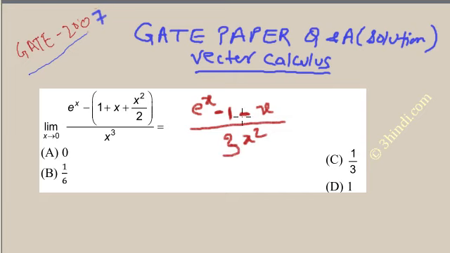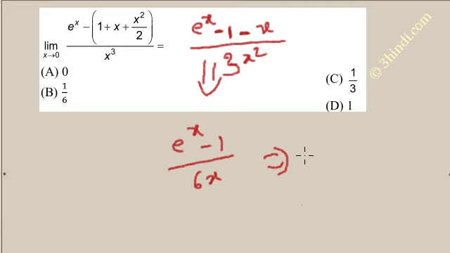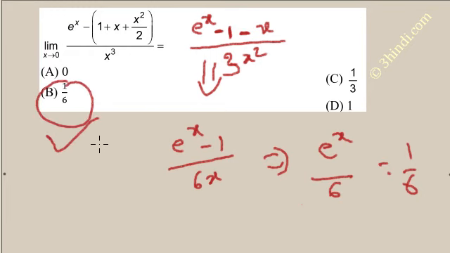If you put x is equal to 0 here, you get 0 by 0, so you need to differentiate again. You will get e to the power x minus 1 divided by 6x. Putting x is equal to 0 gives 0 by 0 again, so differentiate again. You will get e to the power x divided by 6. Now put x is equal to 0, you will get 1 by 6.